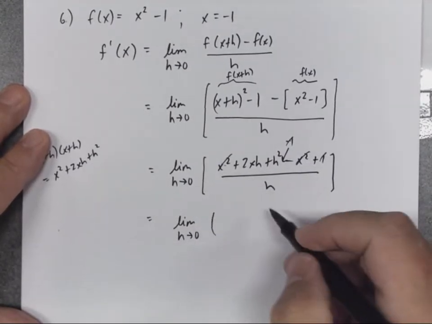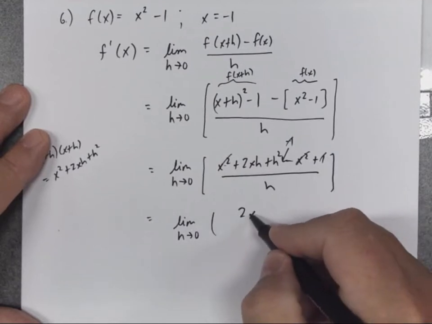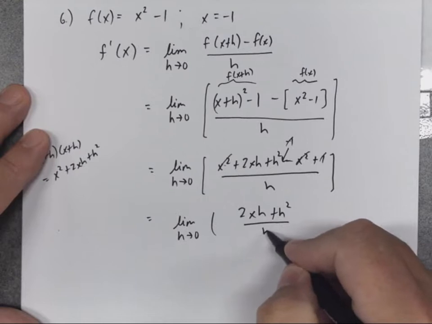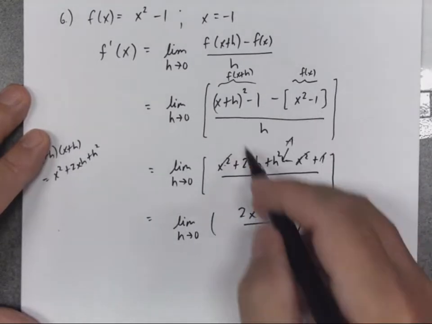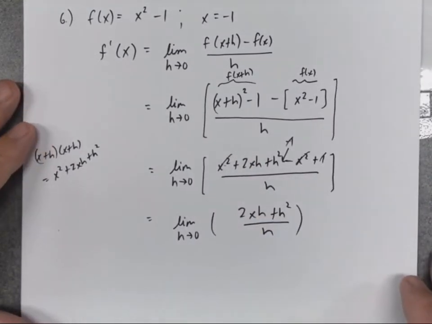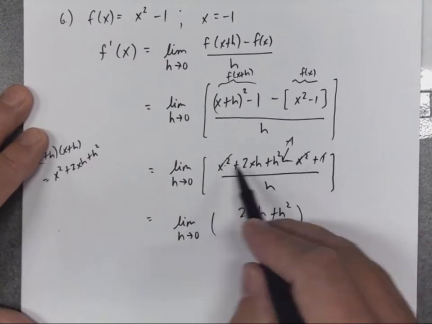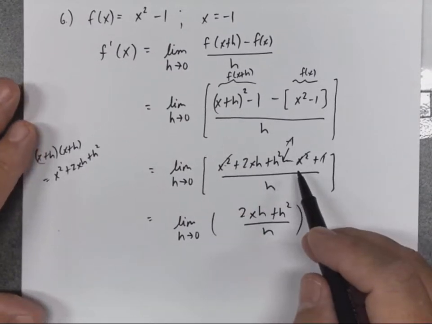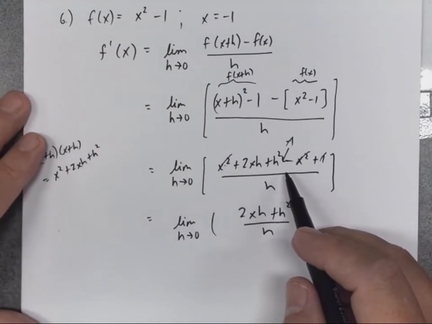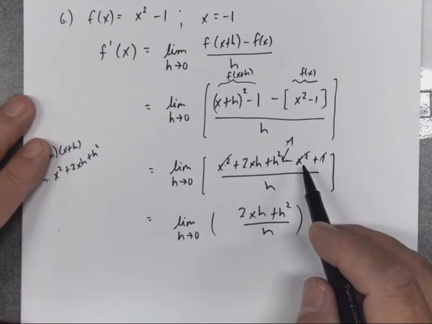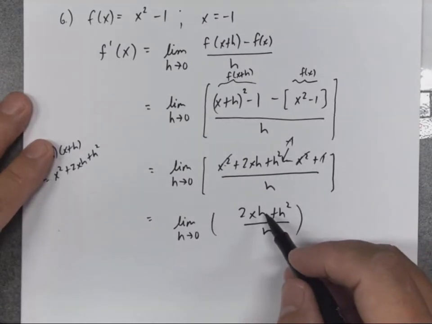So when I'm all done, I have 2xh plus h squared over h. Now when you're doing these derivatives this long, tedious way, you should have things canceling out at this step. If things don't cancel out, then you need to check your work because you probably made some sign errors or something.